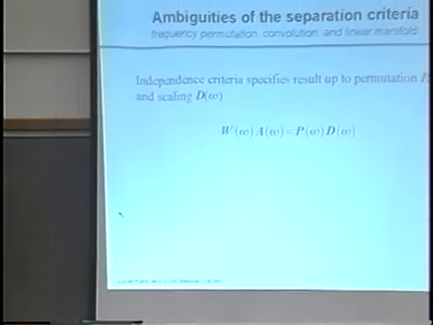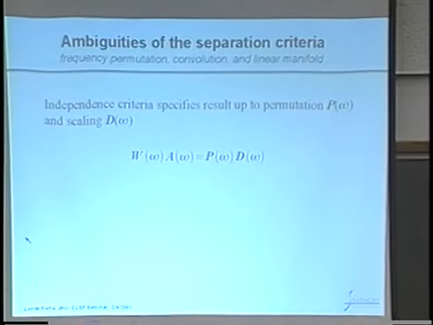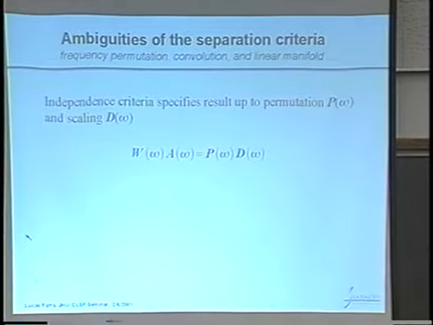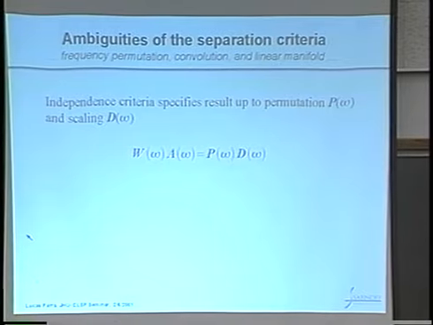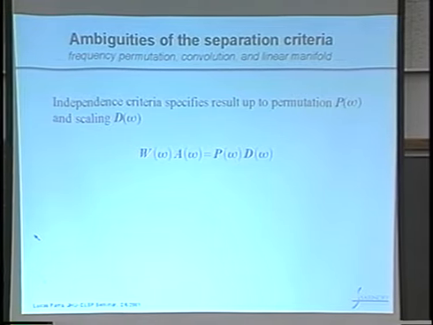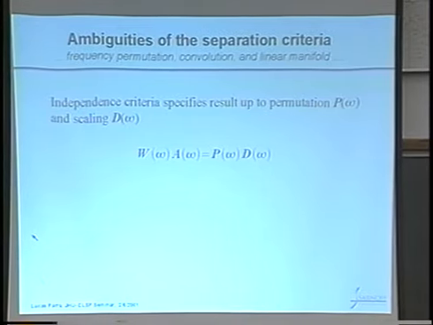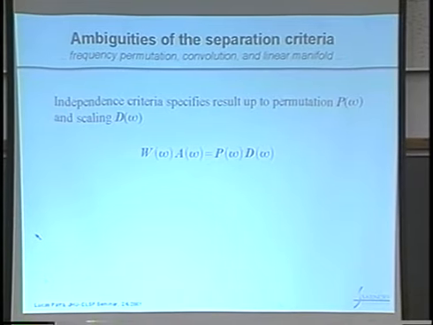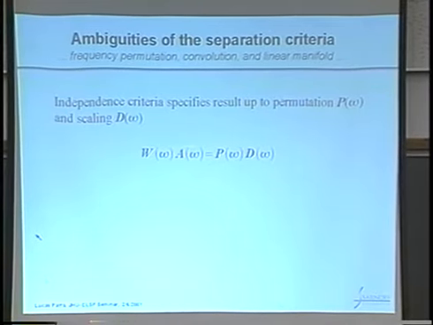But there are some problems with this criterion, in particular in the frequency domain. I said that this W is supposed to somehow invert this A. So what you're saying is that up to permutations, right, you can always flip which signal you call 1 and which one you call 2 and 3 and 4, up to permutation, which is this P, you don't know what the inverse will be.